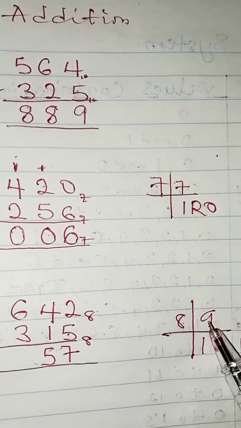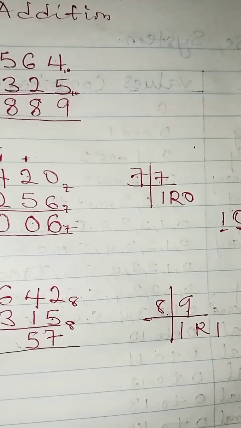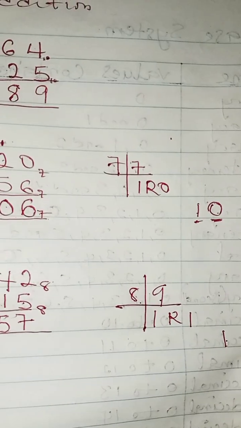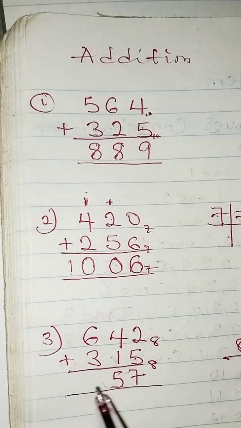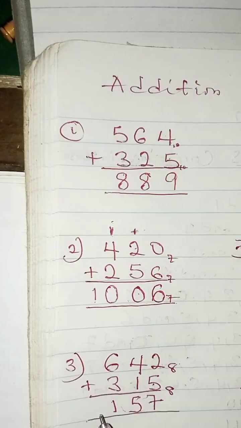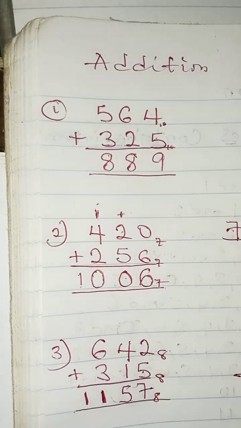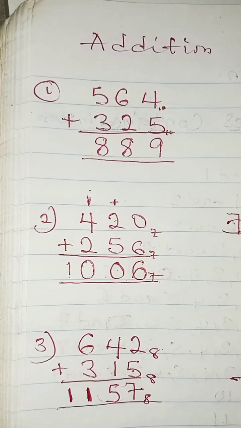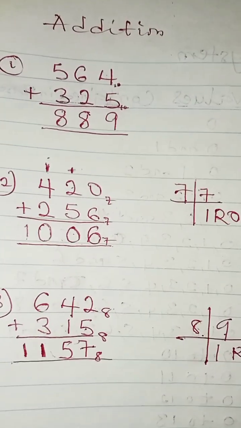When we break by 8, we'll have 1, remainder 1, which is this 1 and this other 1, all in base 8. So if you add this, you're going to have 1, 1, 5, 7 base 8.